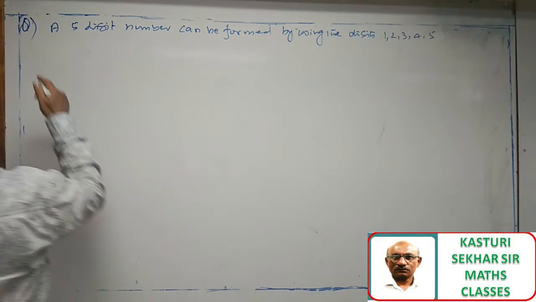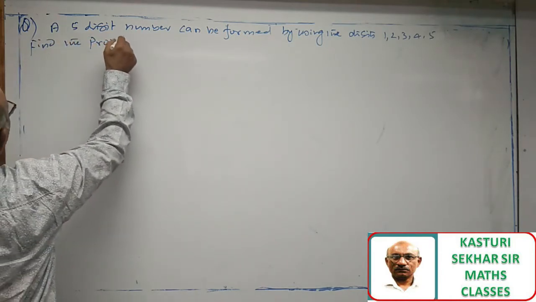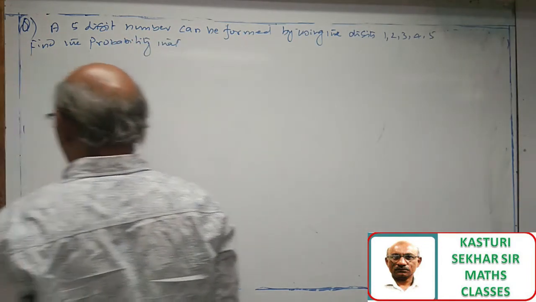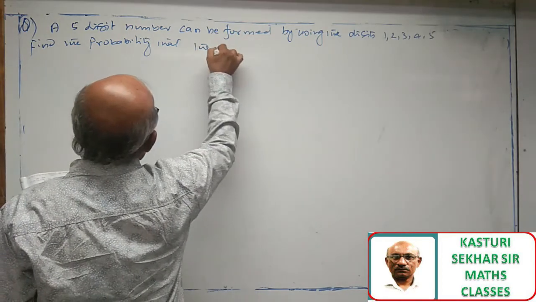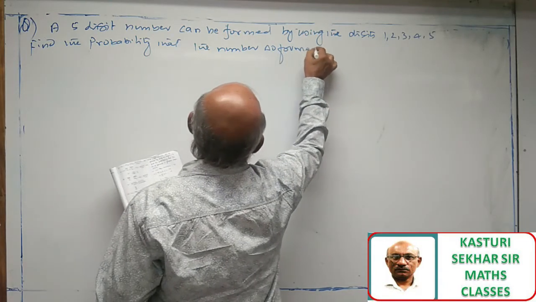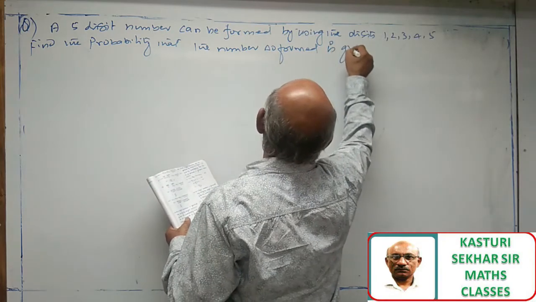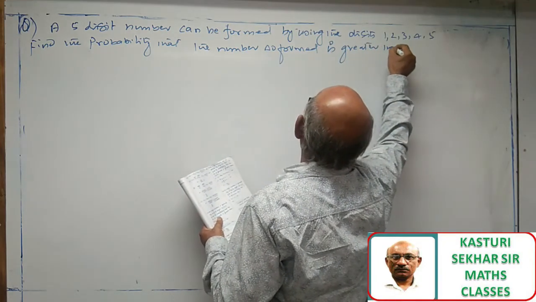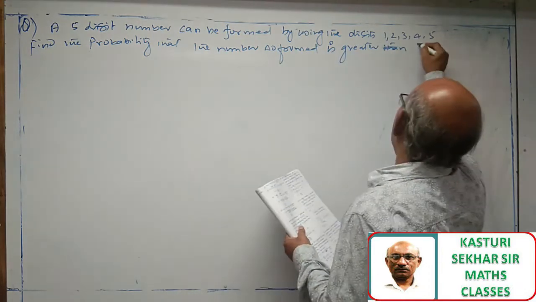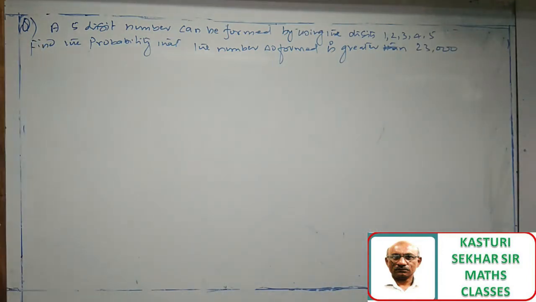Find the probability that the number so formed is greater than 23,000.